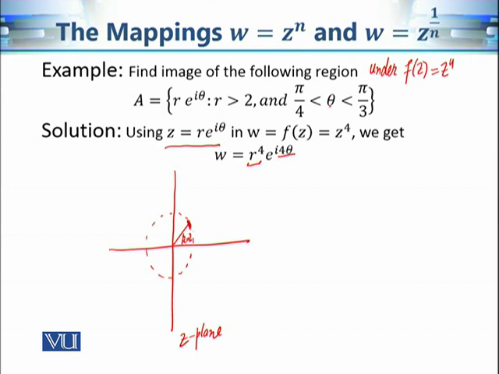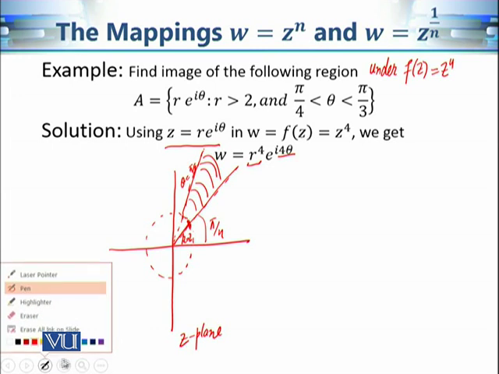In this case the condition on the argument is that it should lie between pi by 4 and pi by 3. So if this is the angle pi by 4 and this is the angle pi by 3, then the set A is basically the set of all complex numbers inside this partial sector, because these complex numbers are not included.